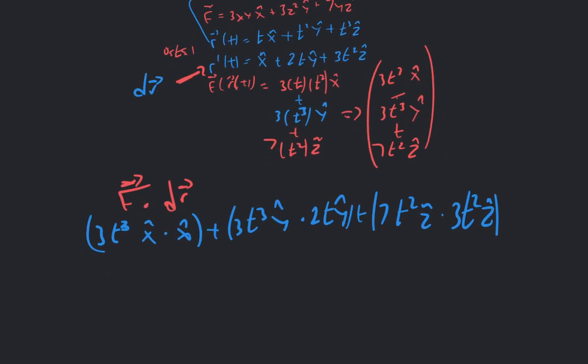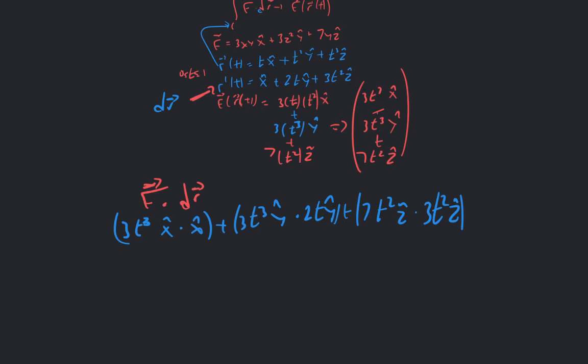When it's all said and done, we have 3t squared. Nope, that's not a square, that's a cube. Plus 6t to the fourth plus 21t to the fourth.